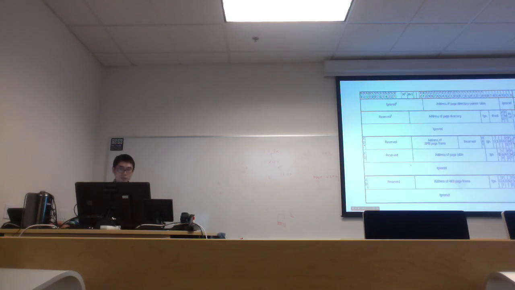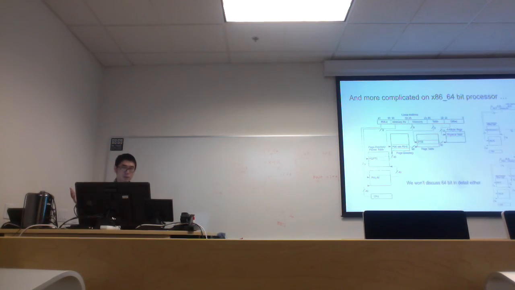And the page table entries got complicated. And if you use a 64-bit processor, actually there's more complication. A 64-bit processor only uses 48 bits for the virtual address, not all 64.